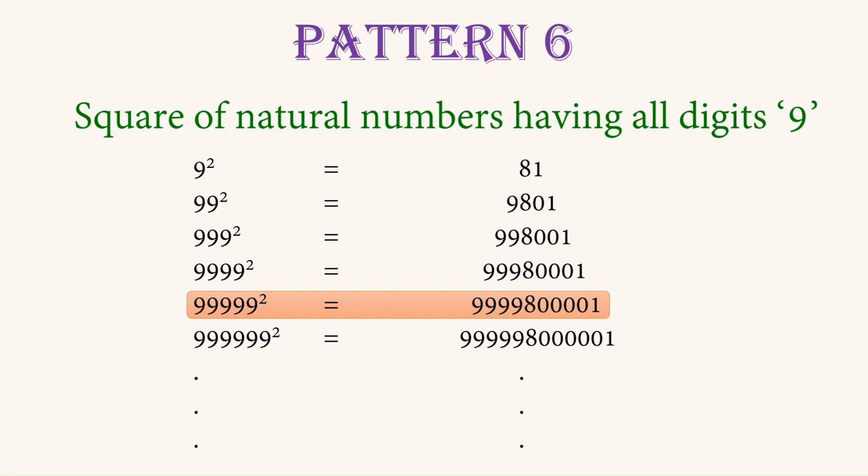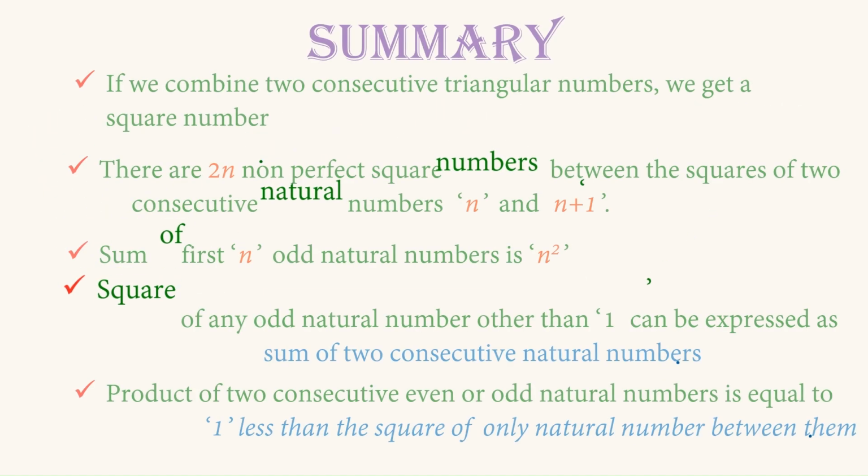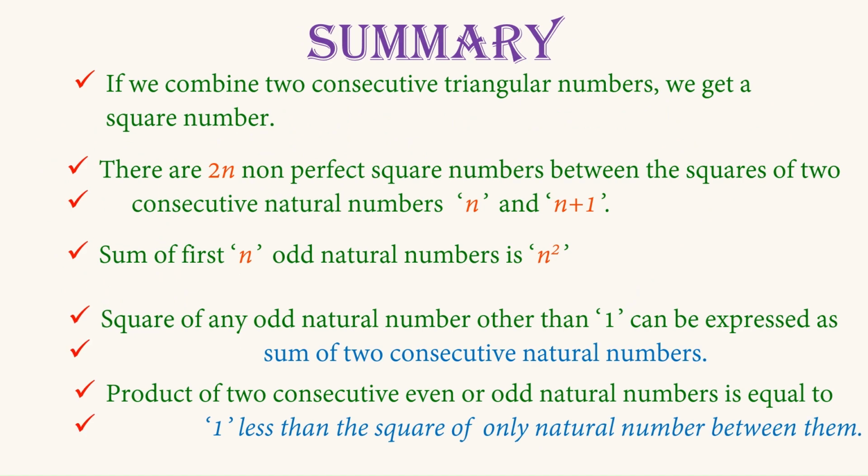In this way, we can use these patterns to identify the squares easily. There are so many patterns, but here we have listed only a few of them. In this video, we have seen that combining two consecutive triangular numbers gives a square number. There are 2n non-perfect square numbers between the squares of two consecutive natural numbers.